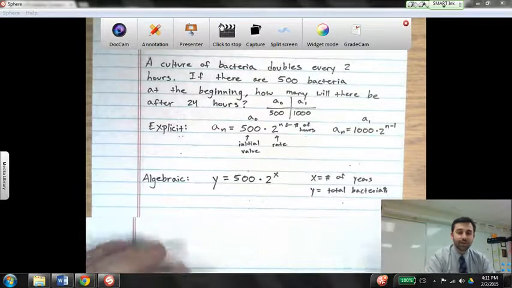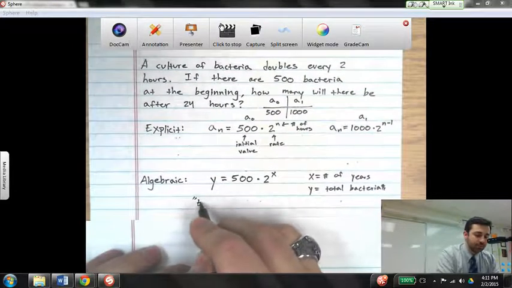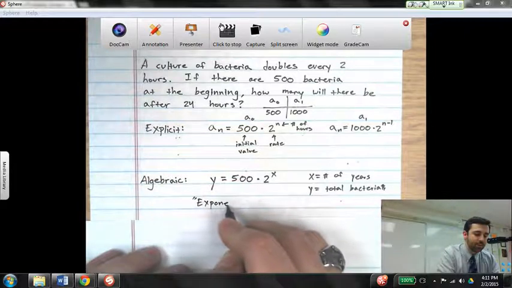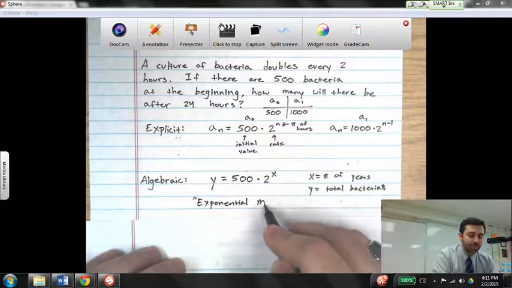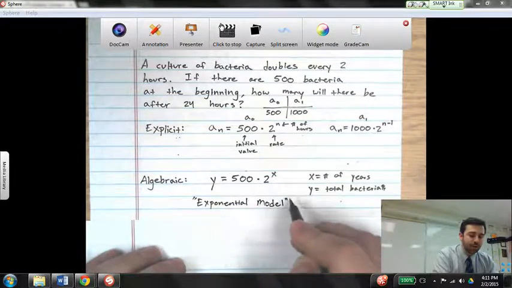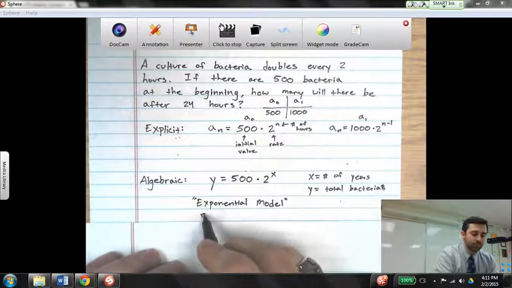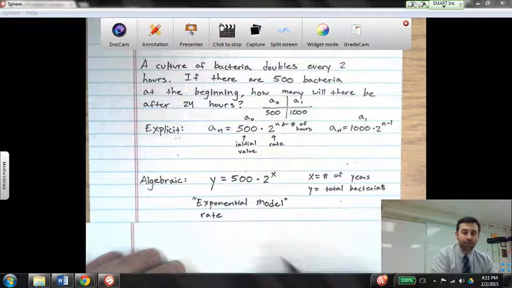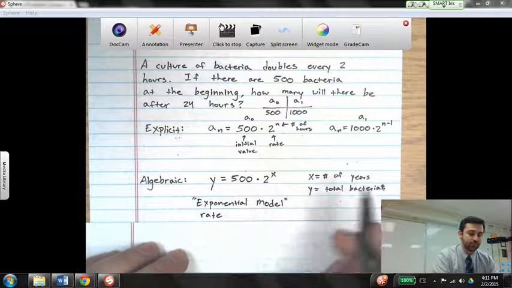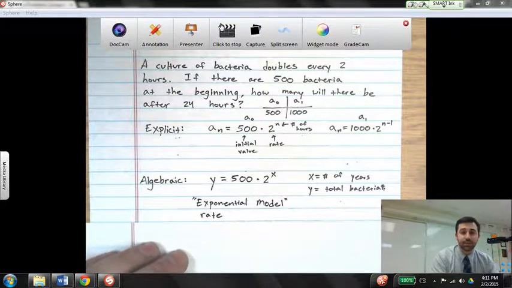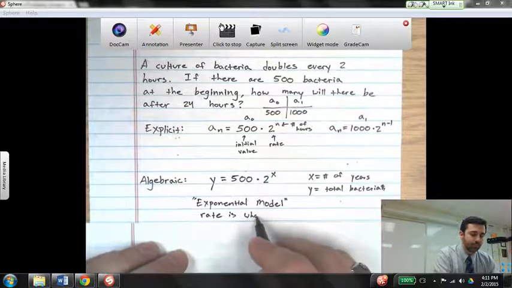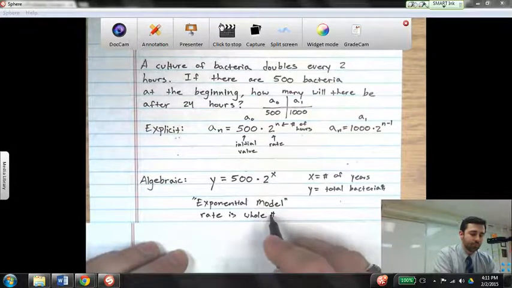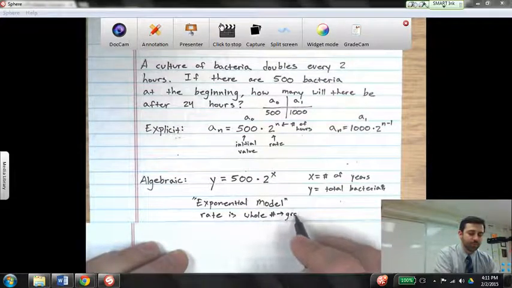This is what's called an exponential growth model, and we'll refer to it as an exponential model. When our rate is a whole number, so not a fraction, it's considered growth. So it would be considered exponential growth.